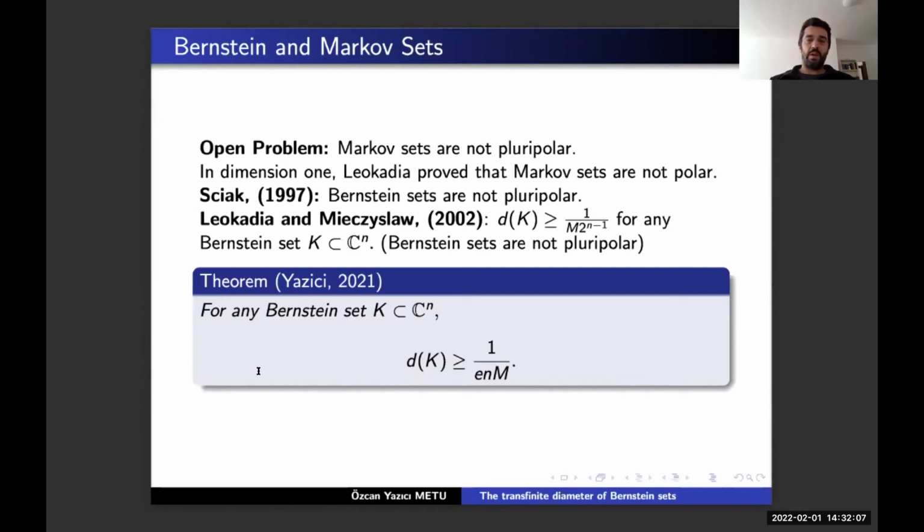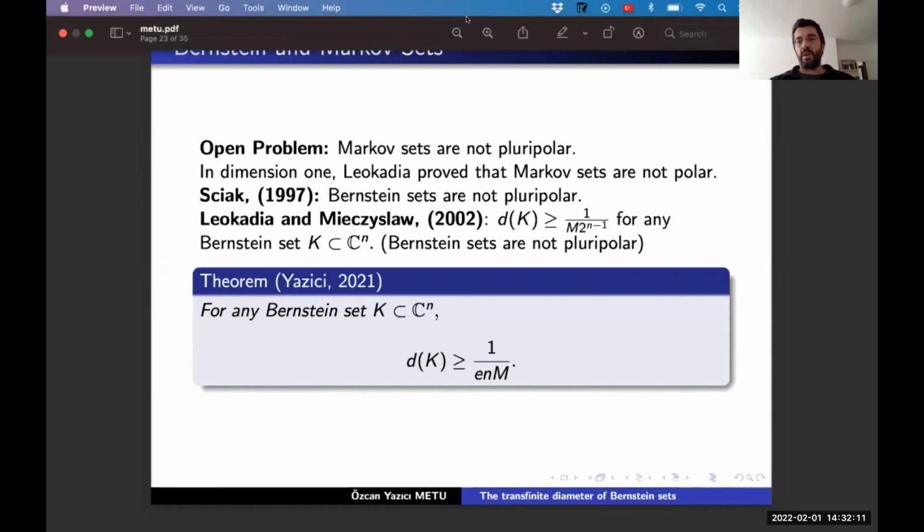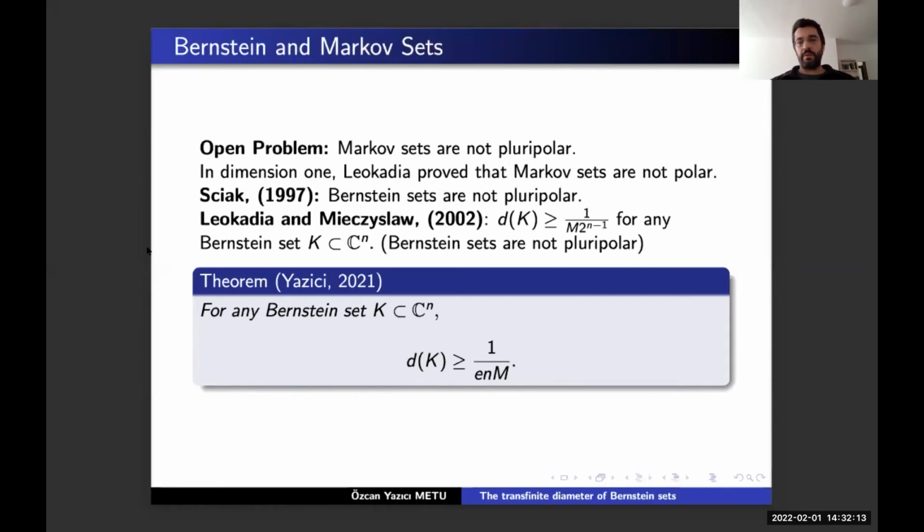Remember, in the definition of transfinite diameter, we first find some extremal points, and using these extremal points, we define a limit, and that limit was the transfinite diameter. But now we will introduce other extremal points, and using these extremal points, we will show this result.